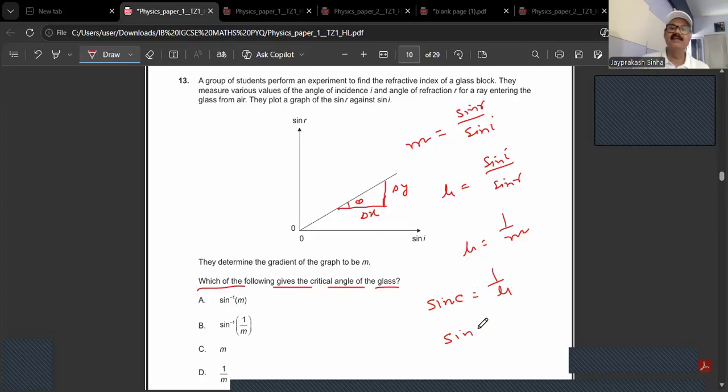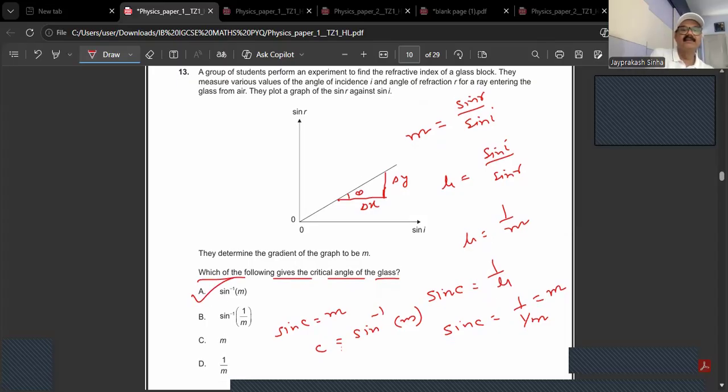So sin C is equal to 1 upon 1 by m. It means when m goes up, it becomes sin C is equal to m. So because sin C is equal to m, C is equal to sin inverse m. So A is the correct answer. Okay? A is the correct answer.